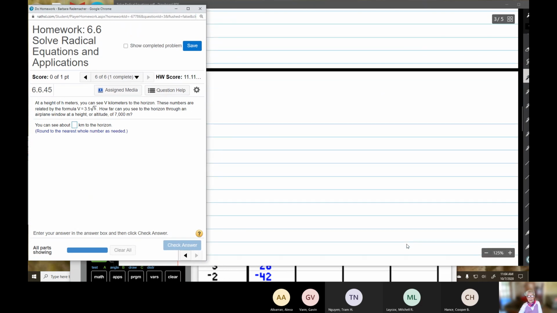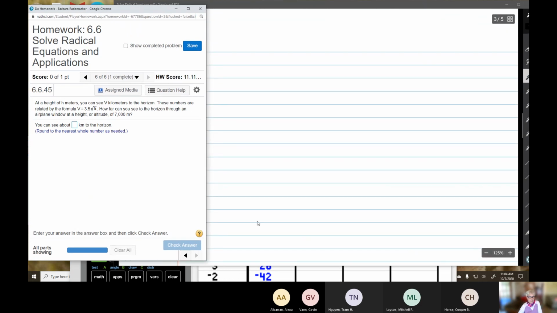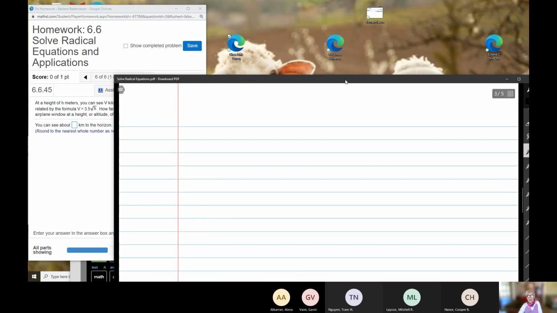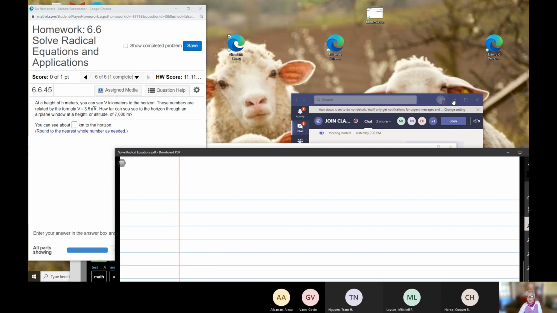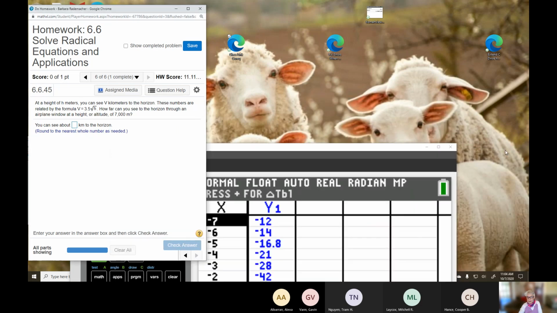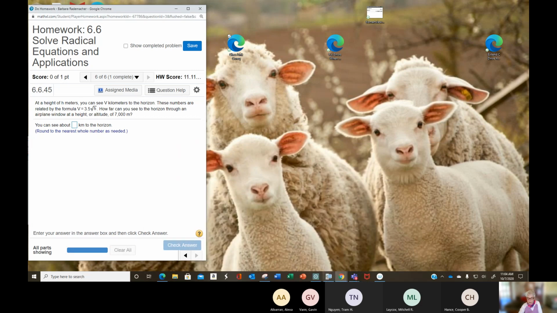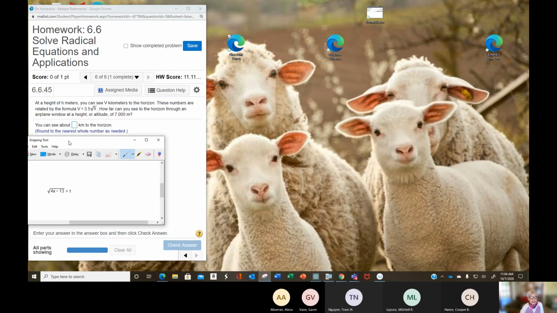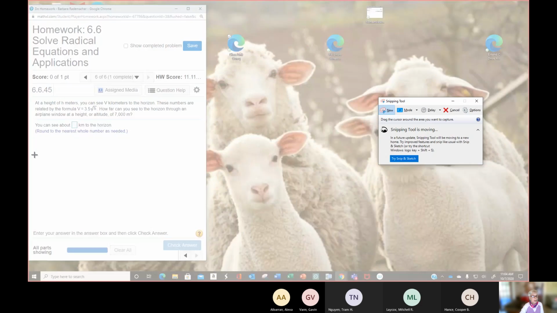Let me go to another page. There we are. Okay, what I really want to do is go ahead and reduce all this so that I can get my secret weapon.